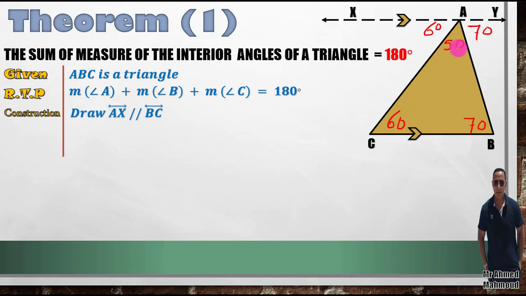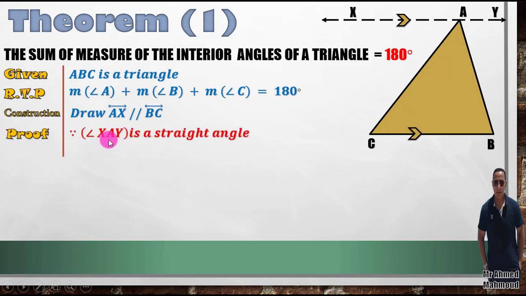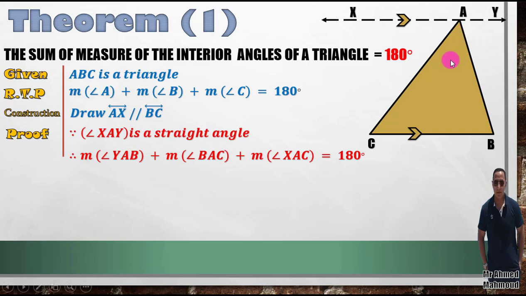Now I'm going to prove this one in symbols. Okay, first the proof. Since XAY is a straight angle, therefore angle YAB, this angle, plus BAC, this angle, plus XAC, this angle, the sum equal 180 because of the straight angle.